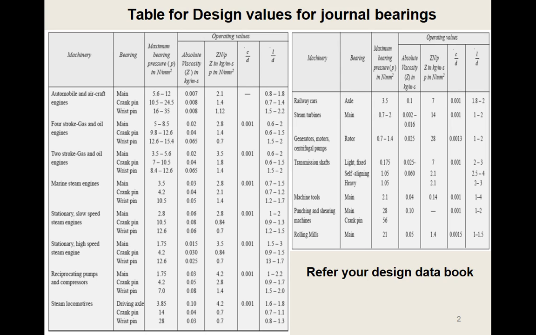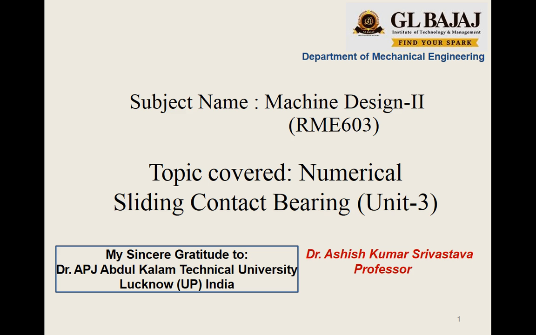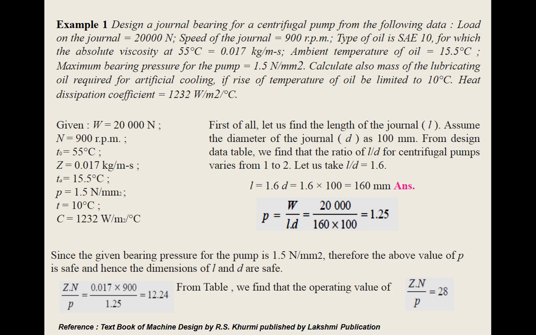Again coming to the table for the centrifugal pump, in the fifth column ZN by P for the centrifugal pump is 28, and we have calculated the value of ZN by P as 12.4.